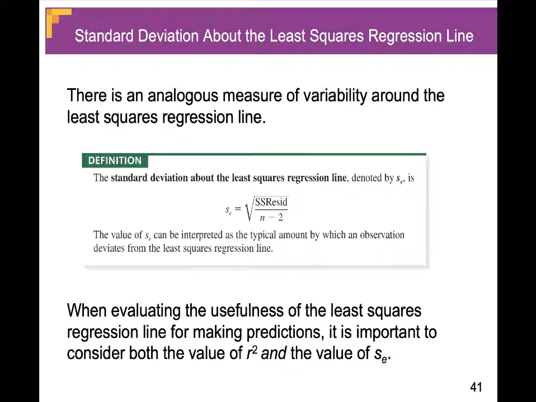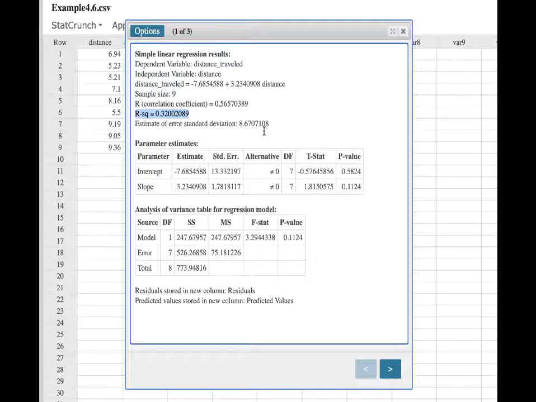But that value is going to give you the standard deviation, SE. In StatCrunch, you will find that right here where it says estimate of the error standard deviation. That's the value that you are looking for. So you don't ever have to worry about calculating it. It will be provided to you in the output.